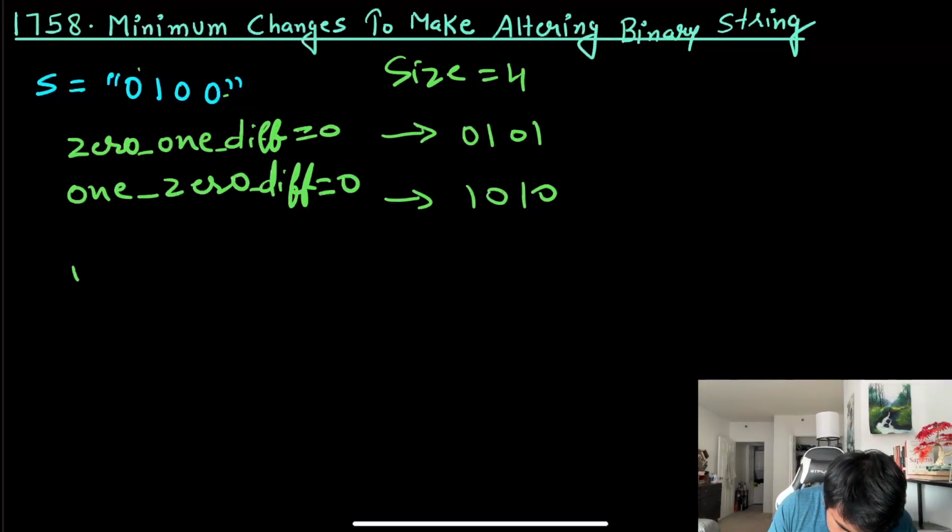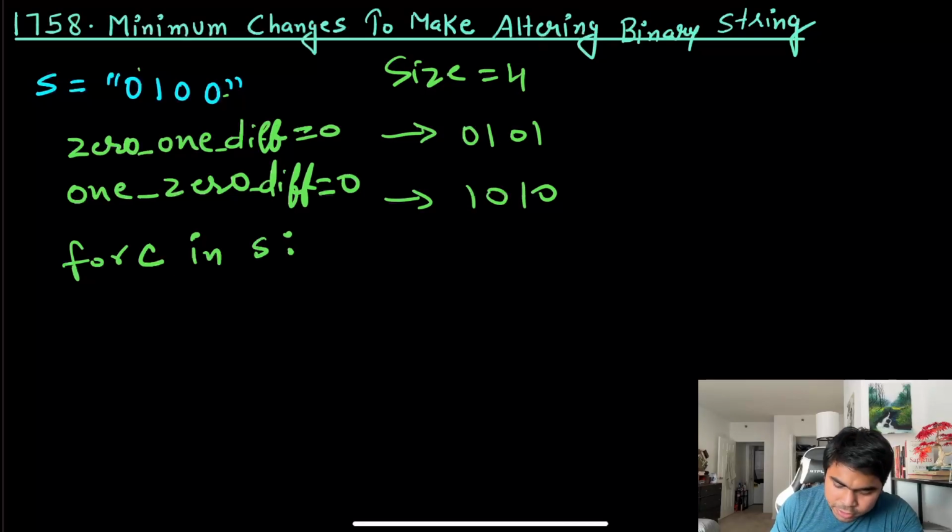So I will run a loop: for c in s. Now I actually need the index also, so I'll say for i, c in enumerate.